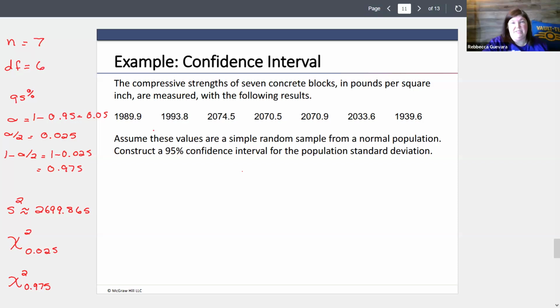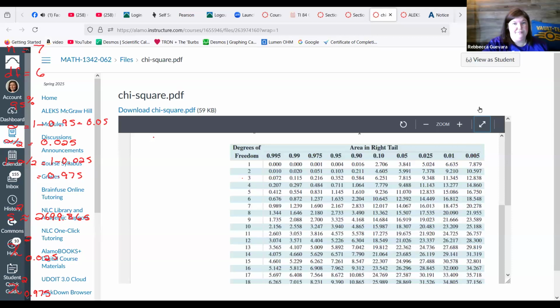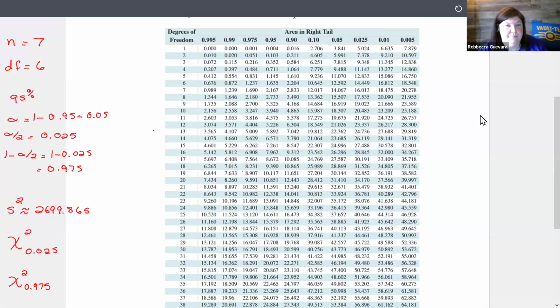Okay, so let me bring up that table. We have 6 degrees of freedom. We need the 0.975 to the right of one tail, and then we need, sorry, I can't see it with my stuff on my screen.